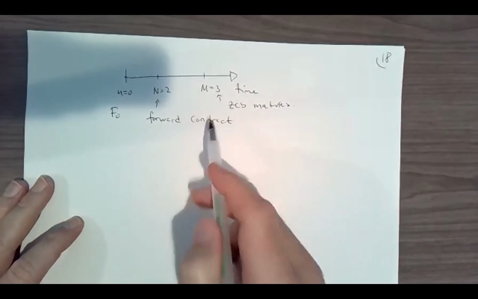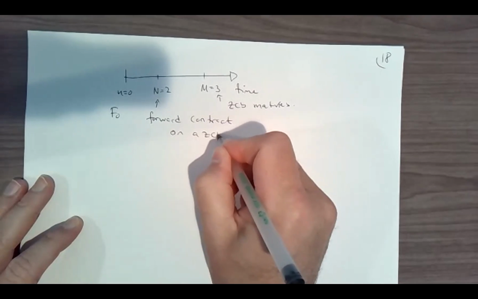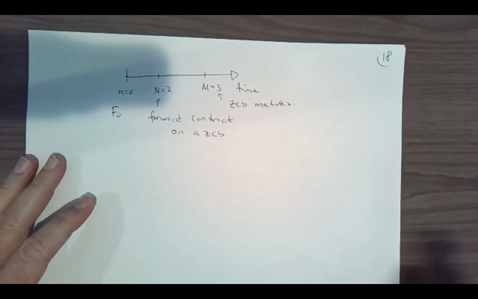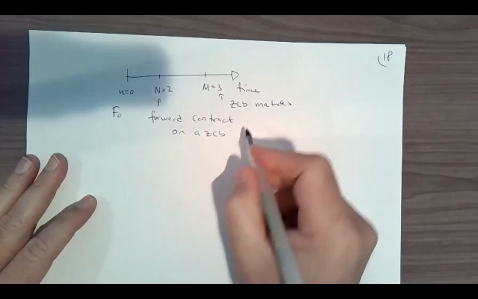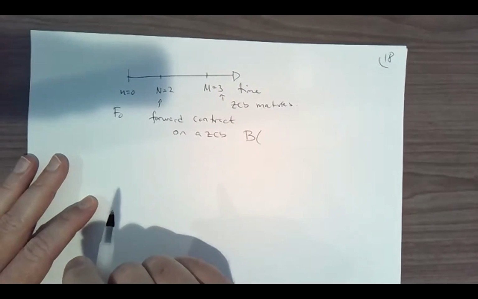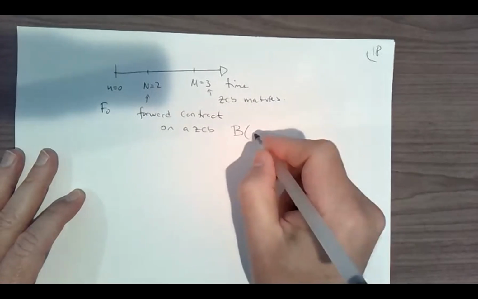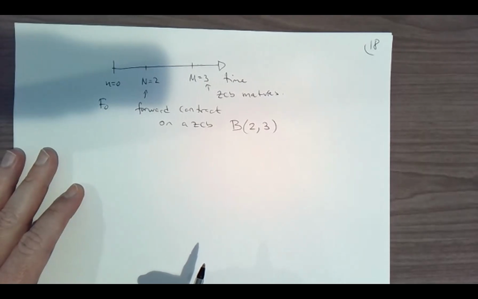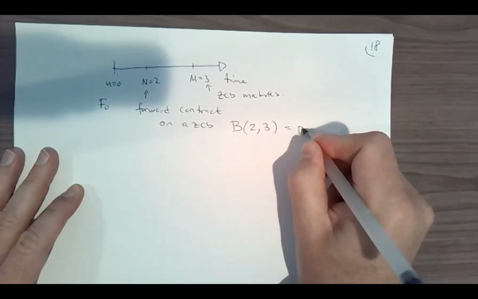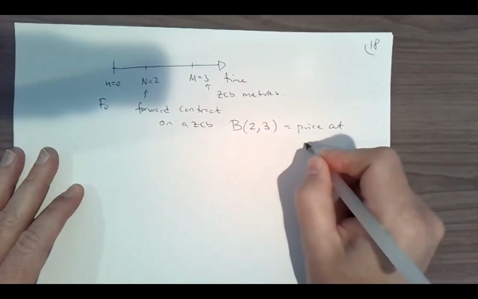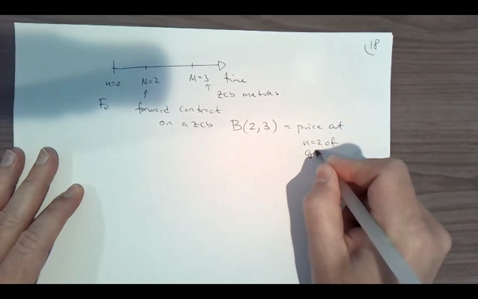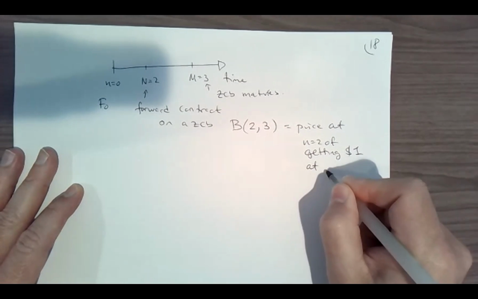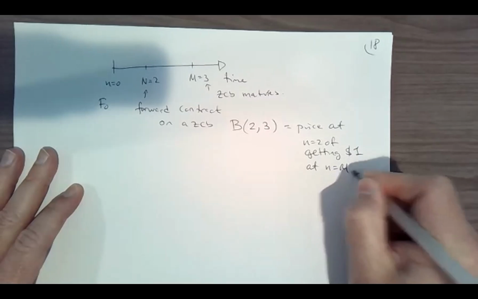Okay, so it's a forward contract on a zero coupon bond. And the zero coupon bond is what? In our notation, it'll be B of 2, 3, right? This is the price at time 2 of getting $1 at time 3.